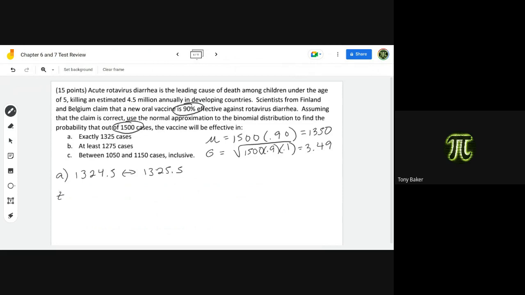Remember, your z-score is x minus the mean over the standard deviation. So in this case, it's 1324.5 minus 1350 divided by 3.49. And I really should have picked my numbers better for this one, because we get negative 7.30, which is in essence 0.